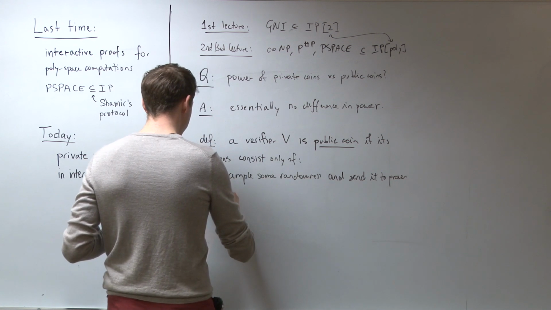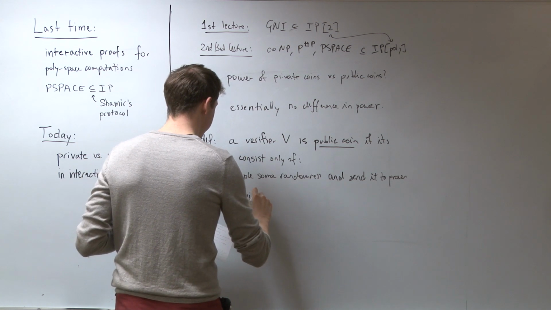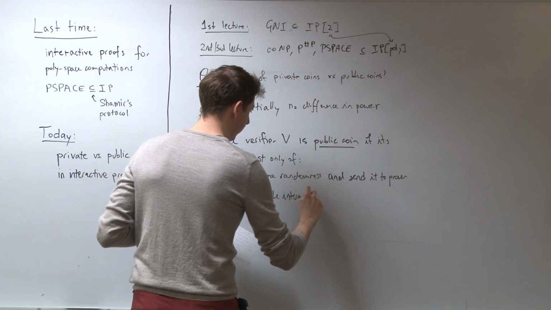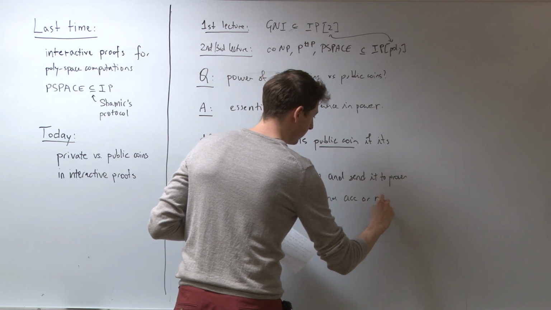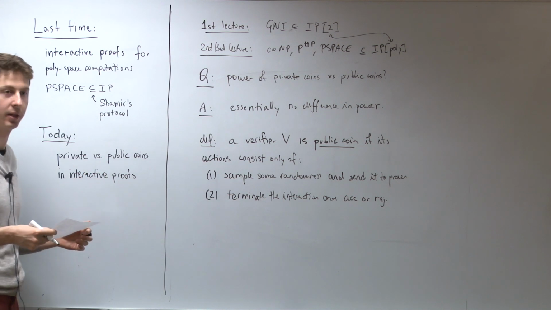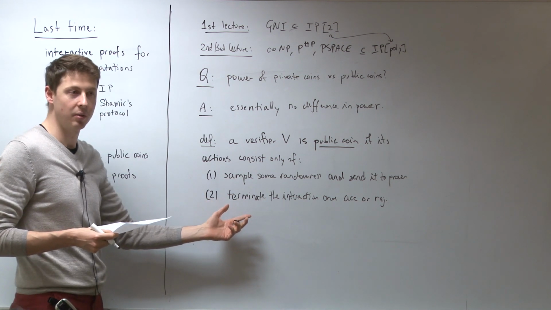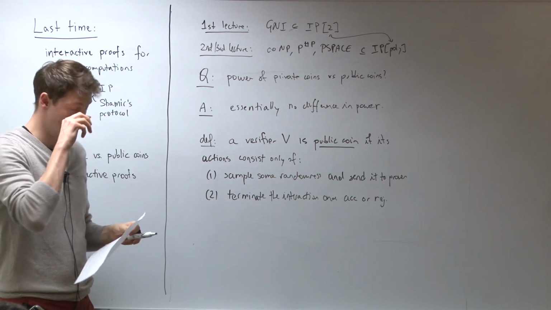And two, it could just say, well, I'm done, so it will just terminate the interaction and accept or reject. So it's a very simple type of verifier, kind of rather stupid. The only interesting logic is at the very end. But along the way, it's not really doing anything.